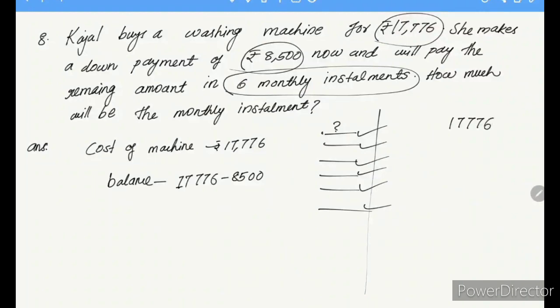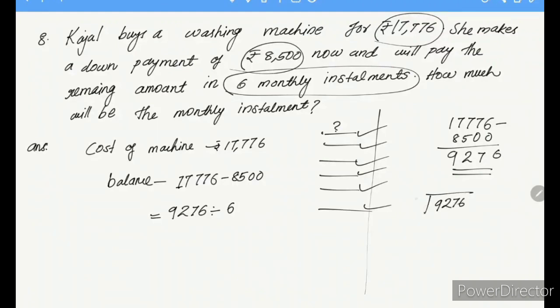Okay, subtracting we will get 6 minus 0, 6, 7 minus 0, 7, then 7 minus 5, 2, then 17 minus 8. What is 17 minus 8? 9. And she want to pay 9,276 rupees within 6 months. And the question is, in 1 month, how much rupees she need to pay? In 1 month. So, here we need to divide it.